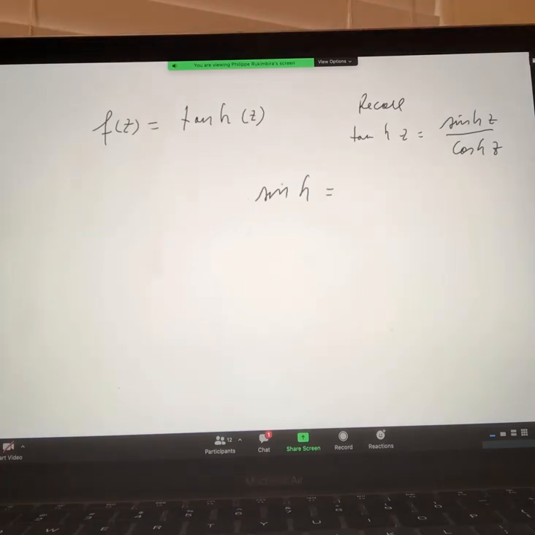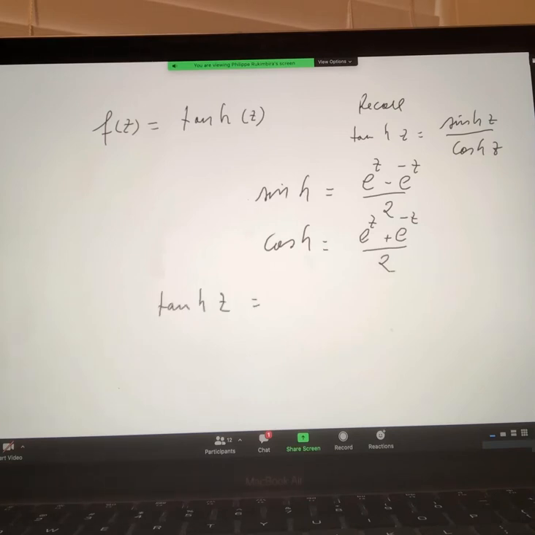That was e^z minus e^(-z), over 2, and hyperbolic cosine is e^z plus e^(-z), over 2. So in the end, hyperbolic tangent of z is just going to be like that.